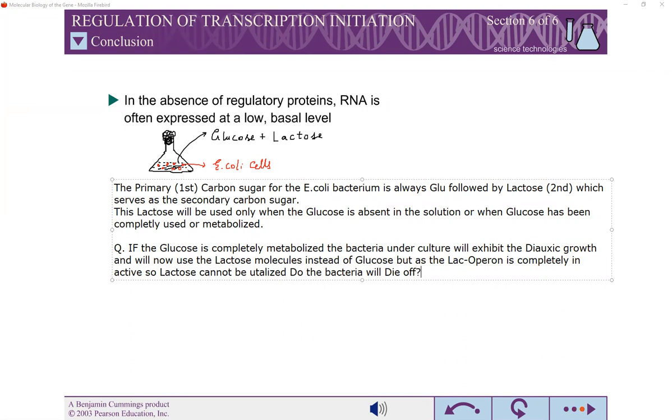This is the question. Previously glucose was present in abundant amount in the cell, but later on the concentration of glucose began to decrease as it was being metabolized by the bacterial cells.